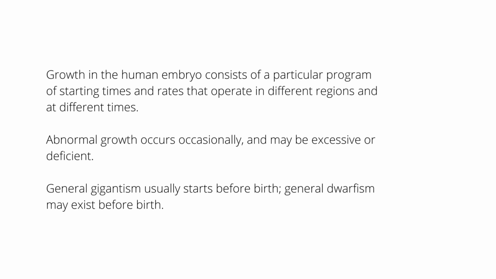Examples: general gigantism usually starts before birth, and the oversized baby continues to grow at an accelerated rate. Dasig. In some instances, the existing hereditary predisposition for gigantism may not manifest until sometime during childhood.